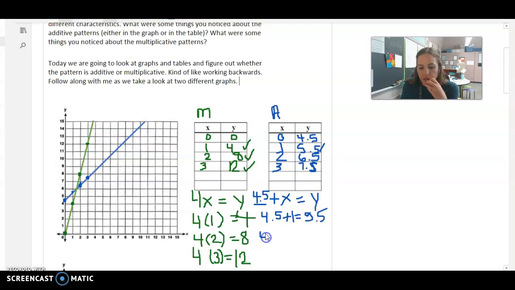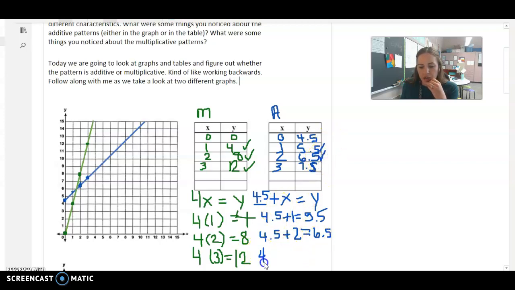Okay, what if we said 4.5 plus 2? Well, I would add my whole numbers together, which is 2 and 4. 2 plus 4 is 6. And then I would have my half also, so that's 6.5, which checks out. When x is 2, y is 6.5.